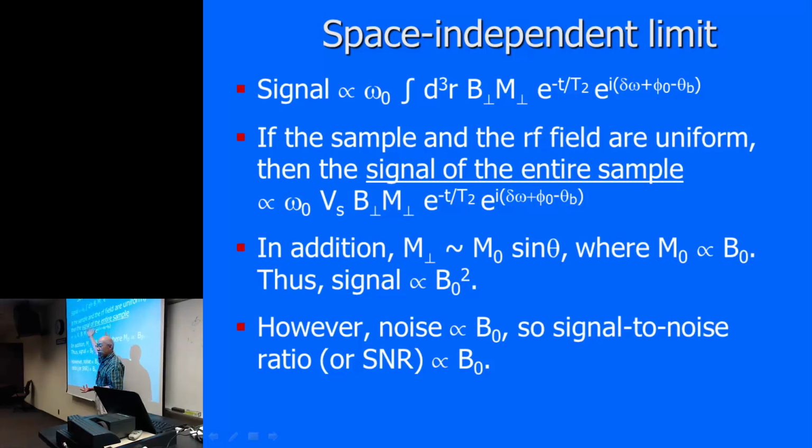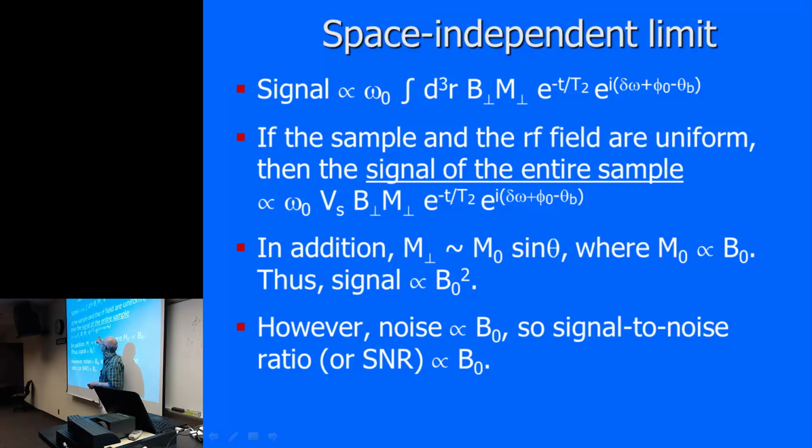If my B perpendicular, which is not a field, by the way, just to remind you that B perpendicular is in fact the B field per unit current from this receiving coil, and the magnetization is uniform because I have a uniform sample, and that delta omega is also not a function of space, then of course the integral is trivial.